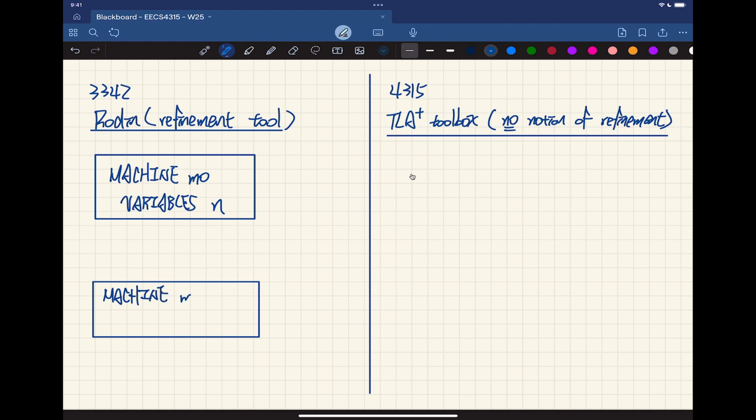Machine, maybe M1. And then you also got different variables: A, B, and C. Just to make it a little bit clear, it's M1. And you may declare that one machine is the refinement of the other. You can say it refines. And you don't need to worry about refinement for this course.